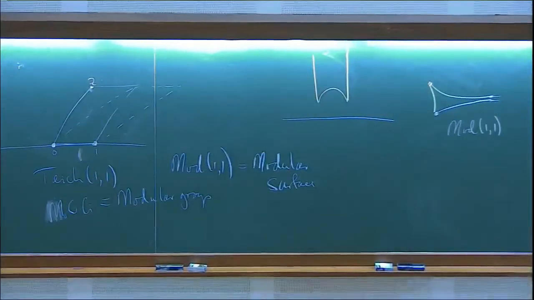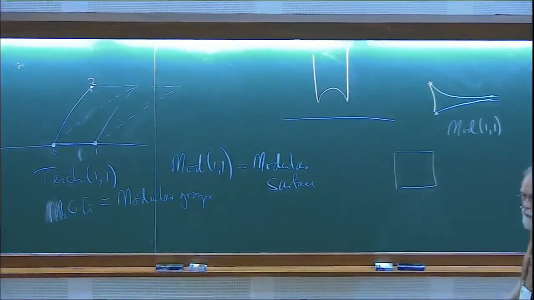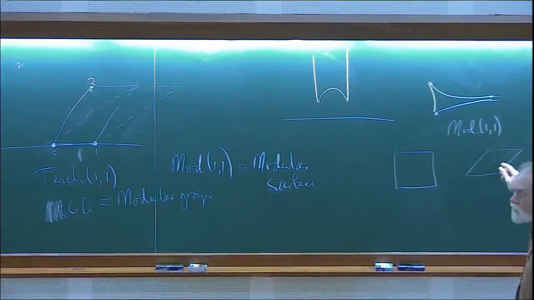And these two cone points correspond to special lattices that have extra symmetries. One of those lattices is based on the square. The other one really is based on the equilateral triangle. It's the quadrilateral formed by gluing two equilateral triangles together. So that's what you get in that case.